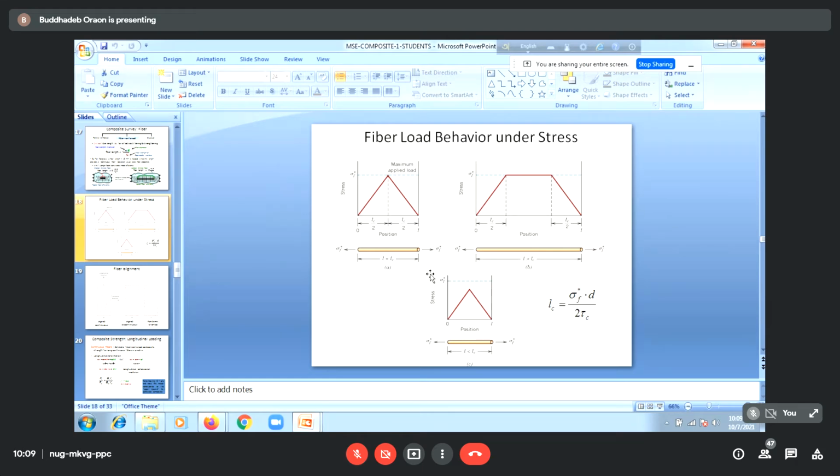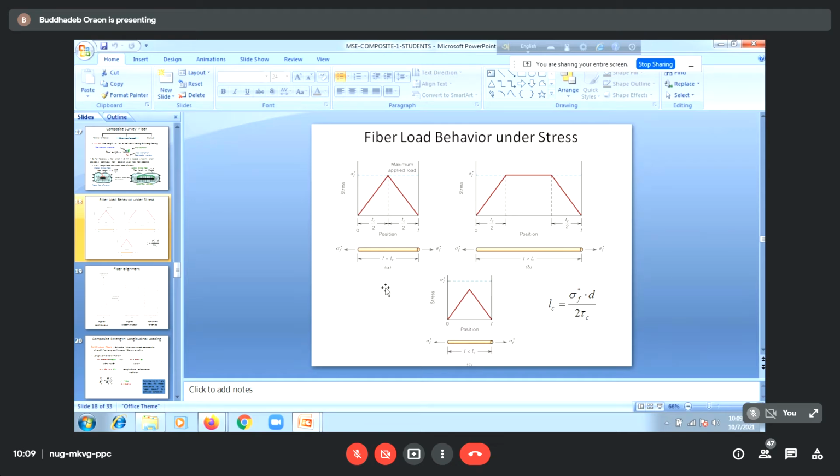So I think it is clear how the load from the matrix is transferred to the fiber and how it depends on the critical length. If the length of the fiber is less than the critical length, then we do not get effective reinforcement.